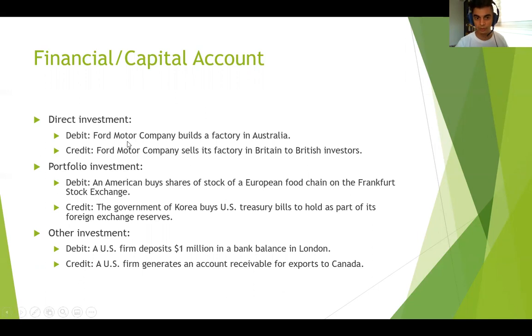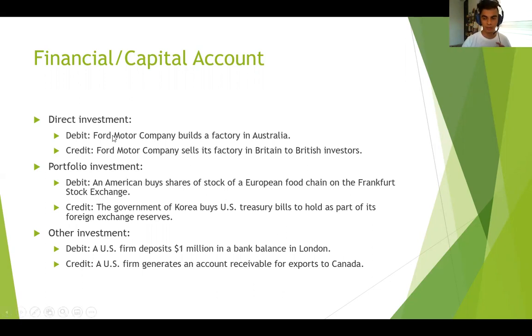As you see here, it says Ford Motors Company builds a factory in Australia. So that means that an American company is building a factory in another country. That is a form of direct investment. And if we analyze what's going on with the money, the money is leaving the US, right?